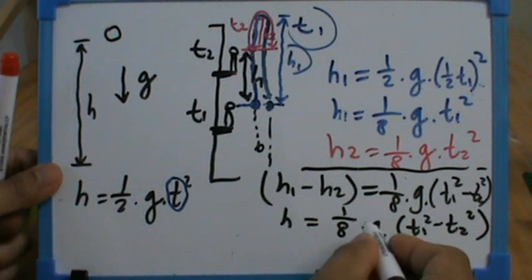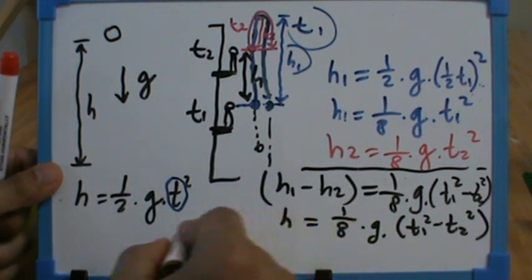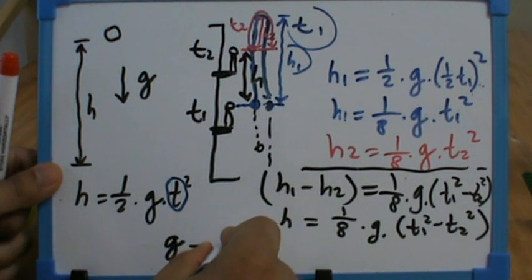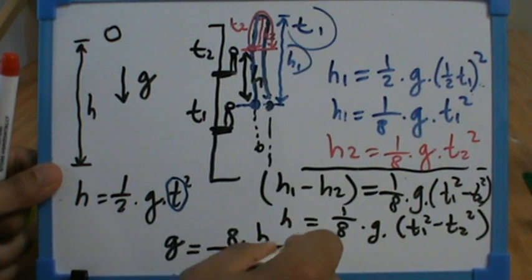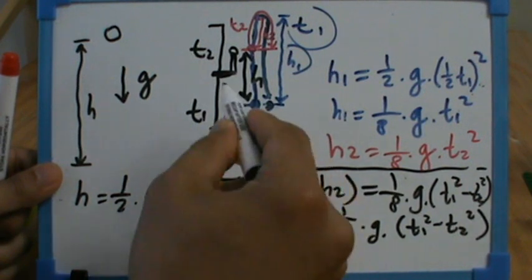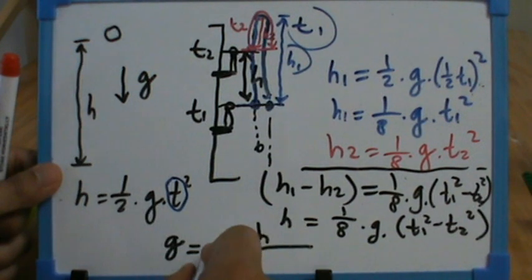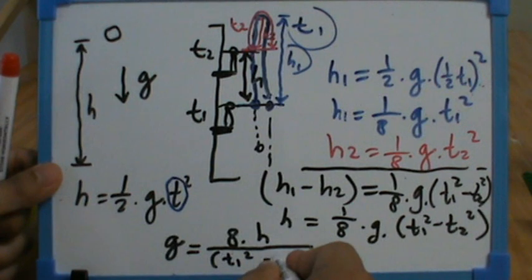Now to find the g here, we'll get that g is equal to 8 times the distance between their eyes, h, divided by T1 square minus T2 square.